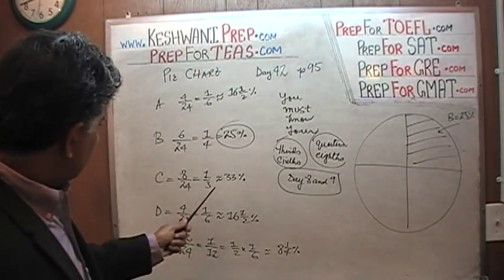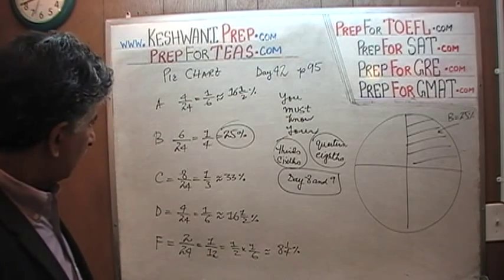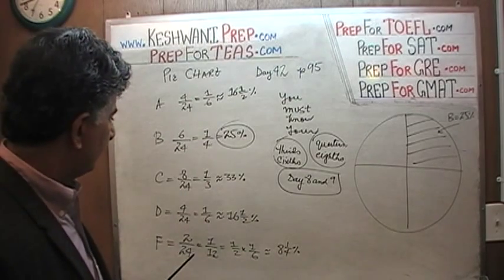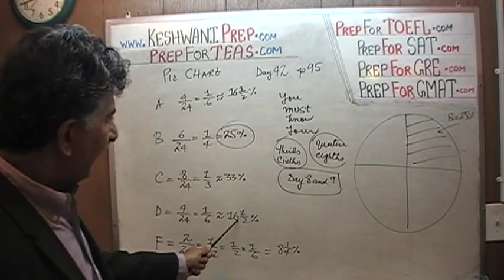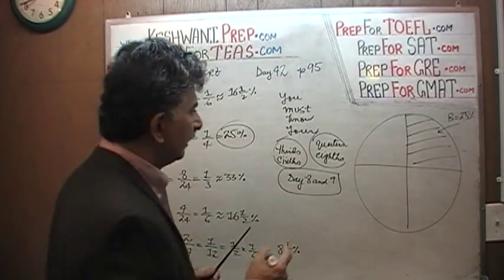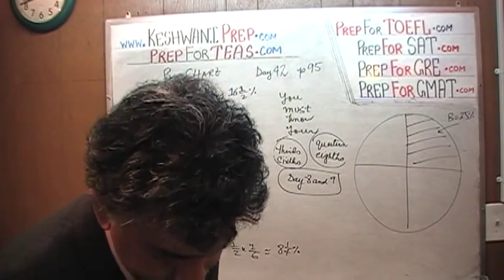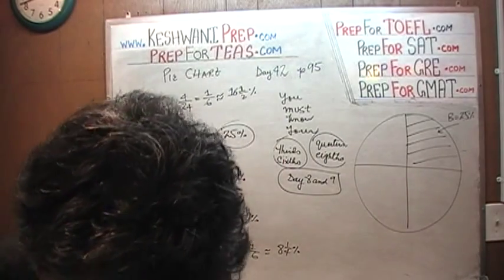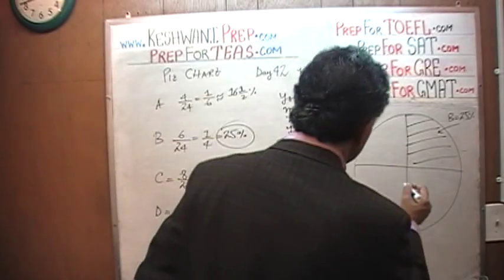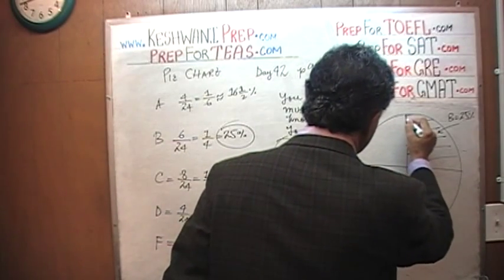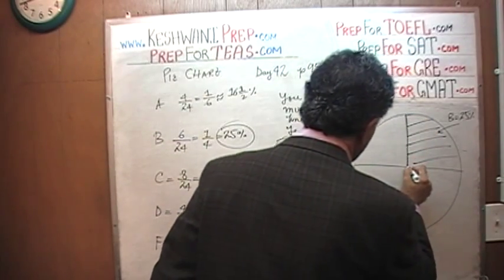We need 33%. How can we do 33%? 16.5% is a half of a third. We have to figure out somehow the third. Up to here is 25%. Let's do this in thirds.